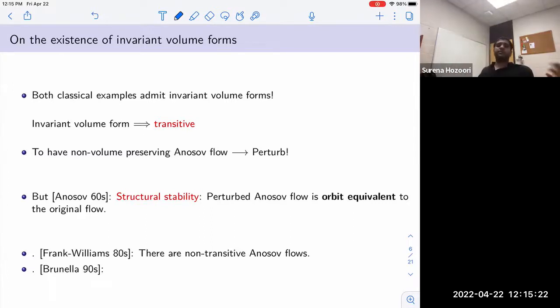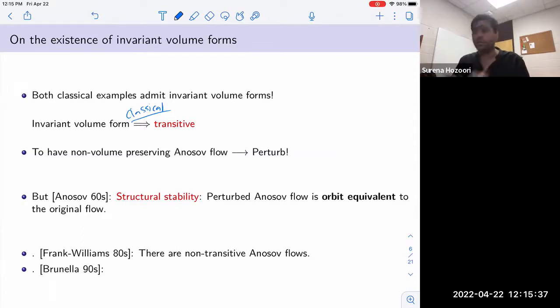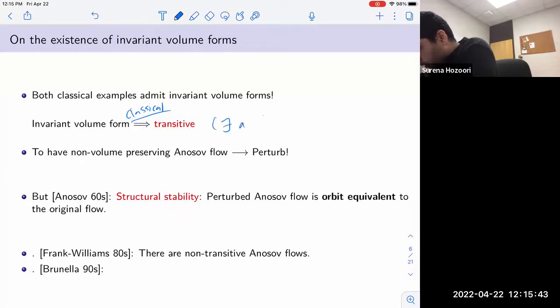And the existence of this invariant volume form, even from very classical dynamical systems, would imply that these flows are transitive. When I say classical, I think that we can conclude that from the Poincare recurrence theorem. And when I say transitive, that means that there exists a dense orbit for this flow.